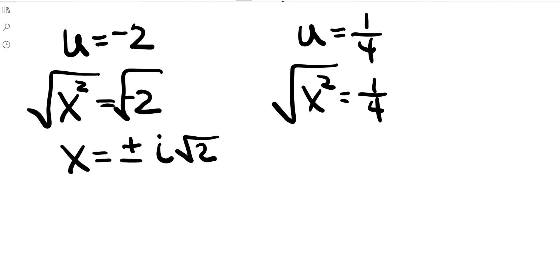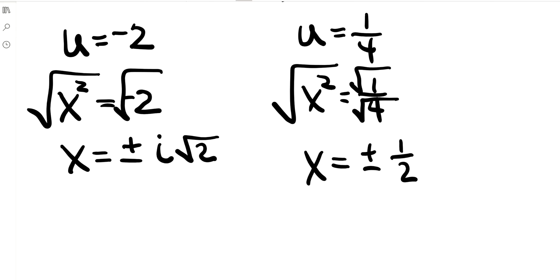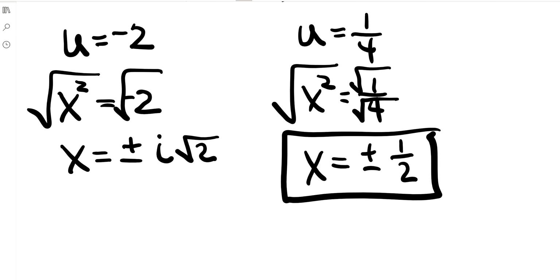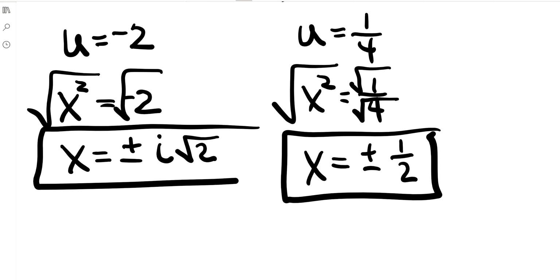This one I like doing separately. And how about we have x equals plus or minus 1/2. Square root of 1 is 1, square root of 4 is 2, and these are our other two answers in terms of x. And this is it. I've got 4 answers here that will satisfy that equation.